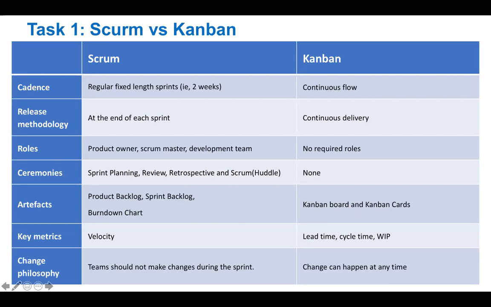We talk about releasing. When do we release? Well, we release things at the end of each sprint in a Scrum environment. When I talk about Kanban, things are not necessarily delivered at the end of each sprint.